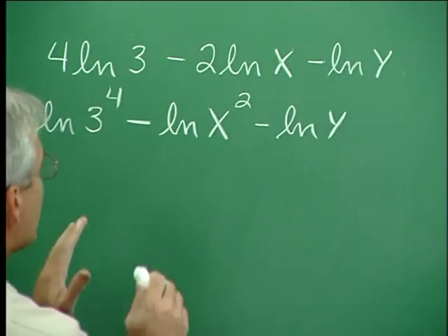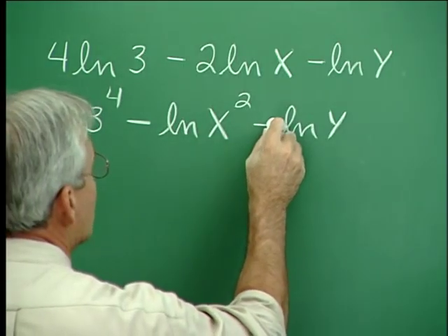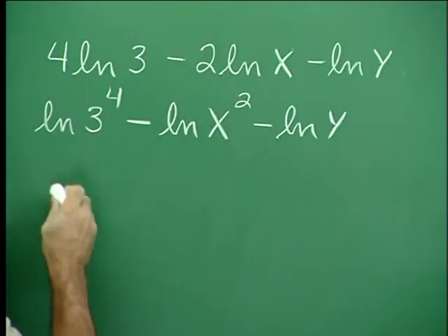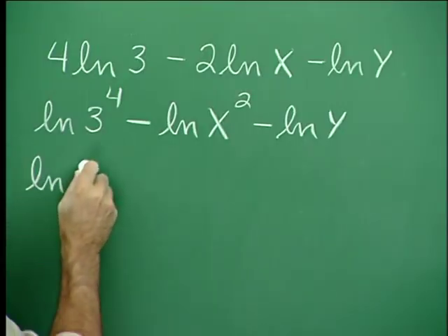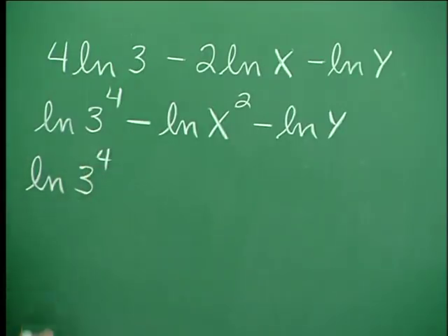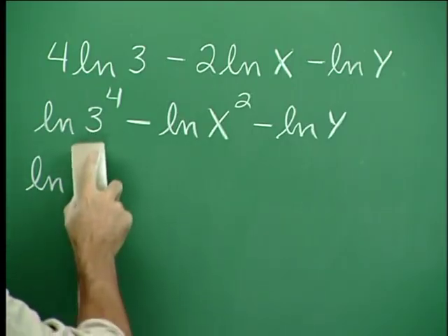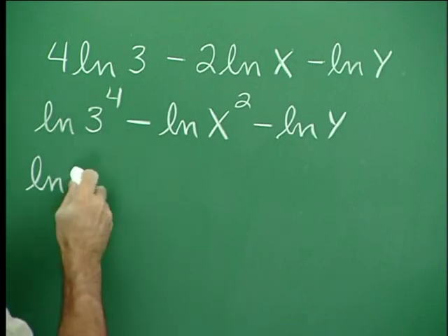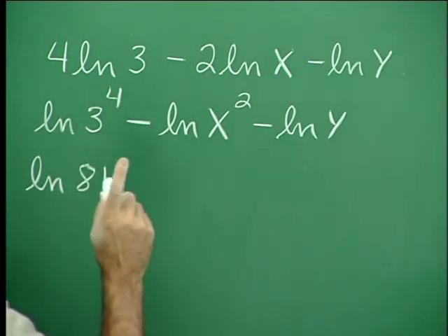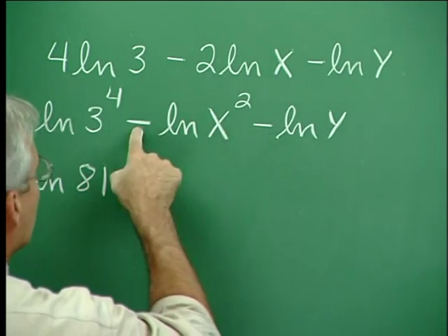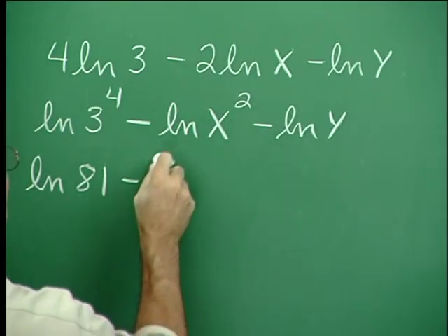There are a couple of ways of handling this situation with a minus sign. Now, I'm going to show you one of them that is real safe. Let me write 3 to the 4th as 81. That'll make things a little easier. I'm going to factor -1 out of these two, and look at what it does for me.